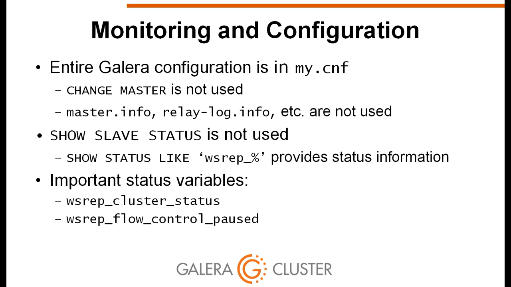Instead, we have a set of variables that provide useful status information, and the most important ones are wsrep_cluster_status, which shows the status of the particular node and whether it is currently part of the cluster or disconnected for some reason. And the other important variable to monitor is wsrep_flow_control_paused, which shows the percentage of time that Galera had to implement throttling in the cluster because a node could not catch up with all the replication updates.